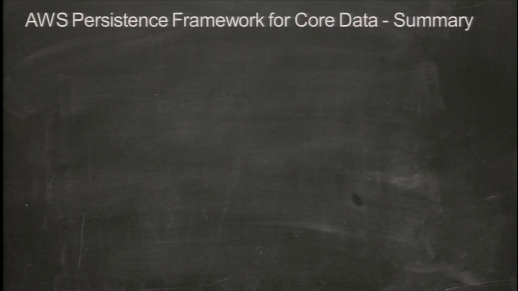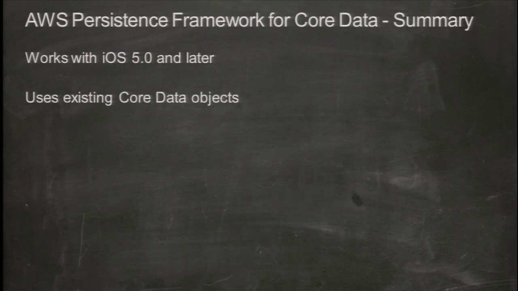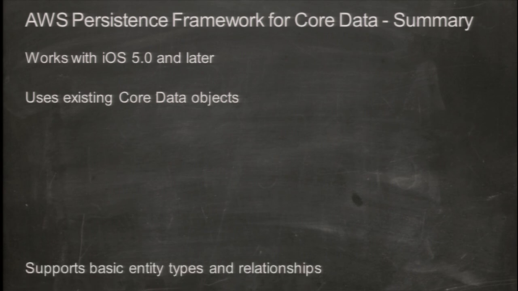So just to summarize, the AWS Persistence Framework works with iOS 5.0 and above. This is slightly newer than the base SDK, which supports 4.3 and above. It uses all existing Core Data technologies. So we've not reinvented the wheel here. We've tried to reuse everything that Apple's given us.